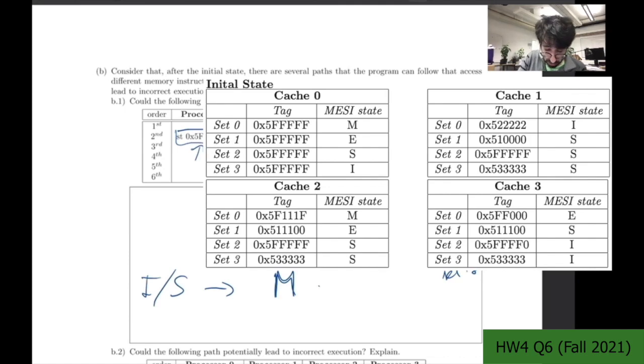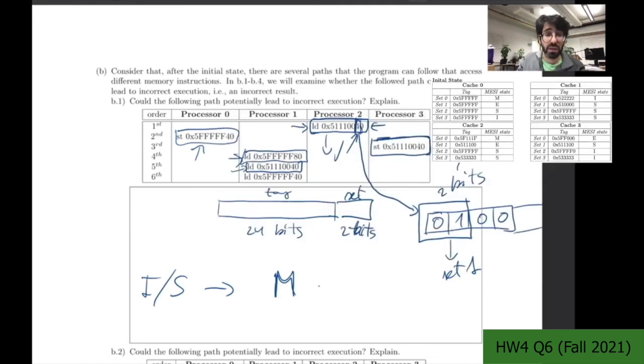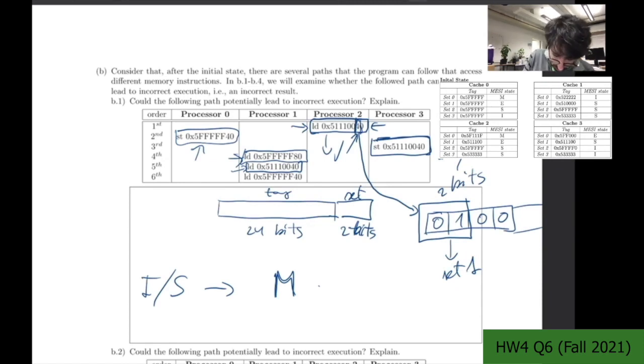So now we are reading here, and everything should be okay, because the cache state is consistent now. And in the last instruction, yes, it's an address that is not a conflicting address.